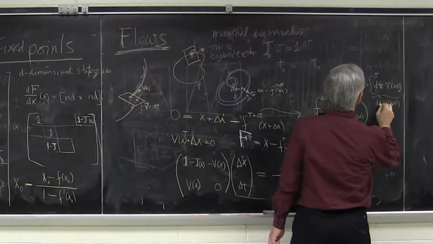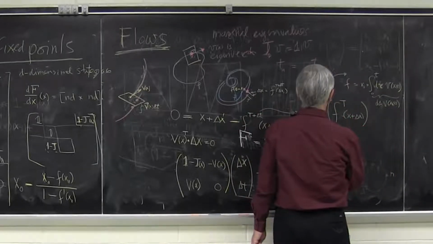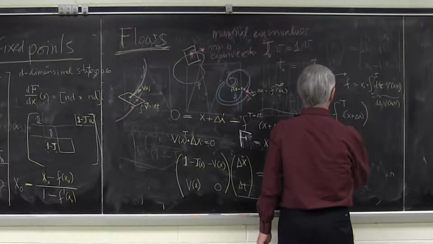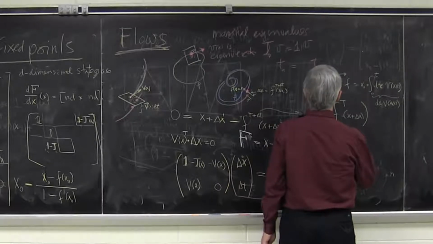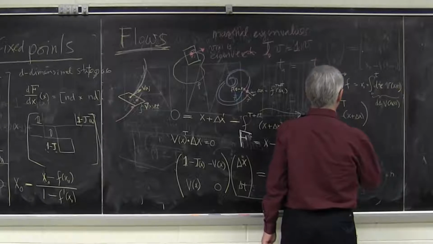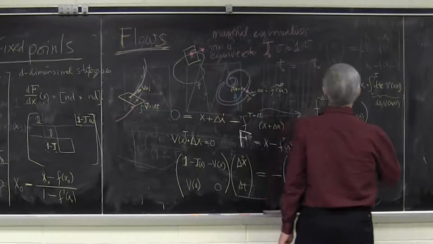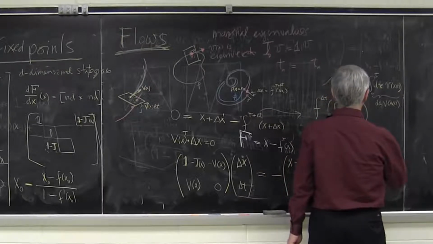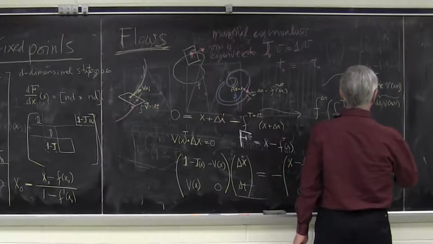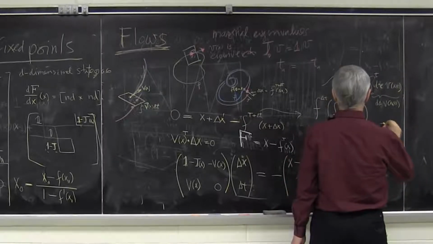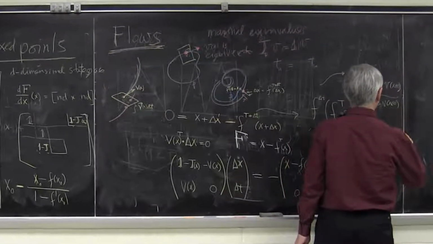So that gave me f t of x plus delta x plus delta t of v of f t of x plus delta x.